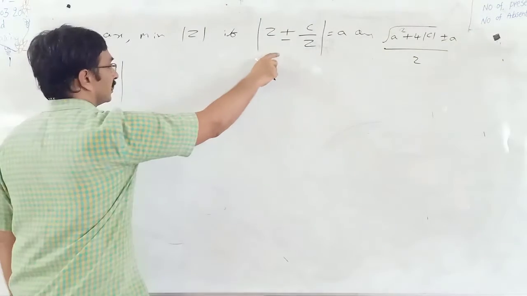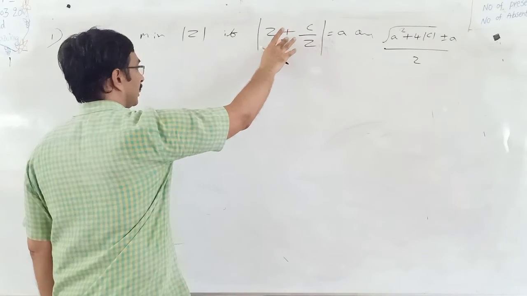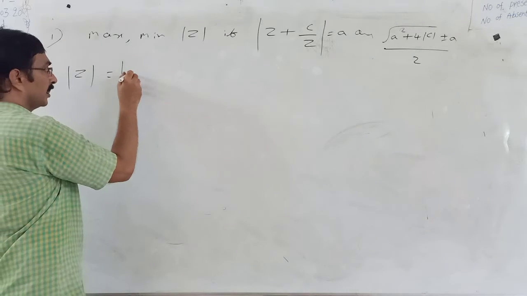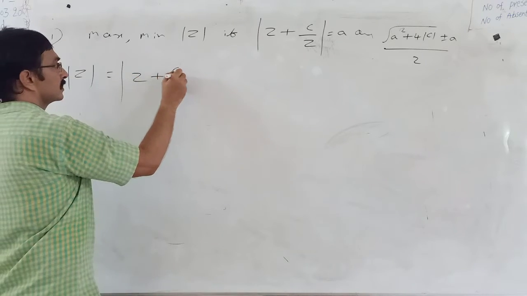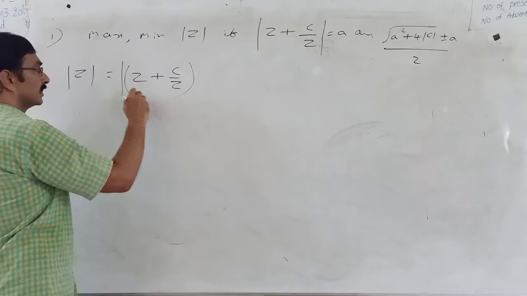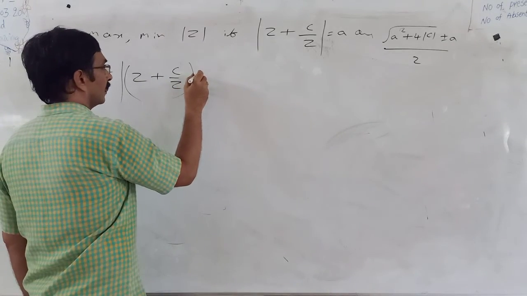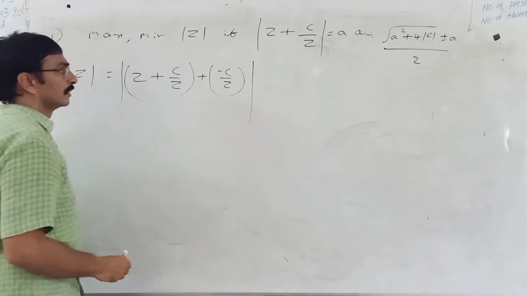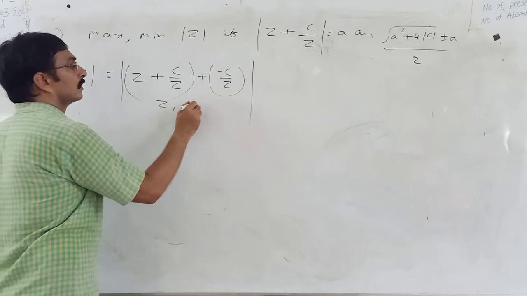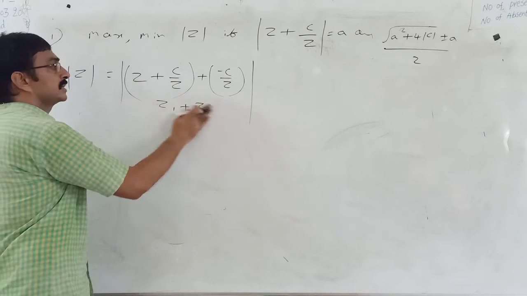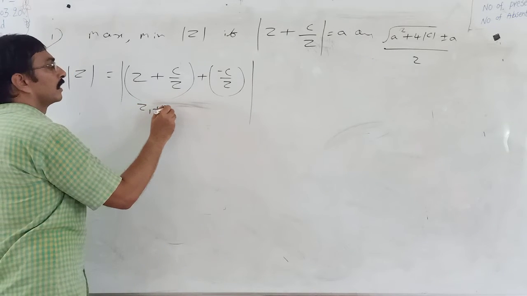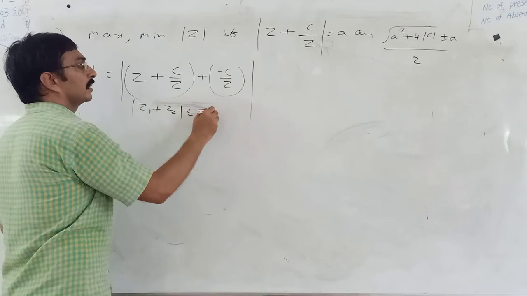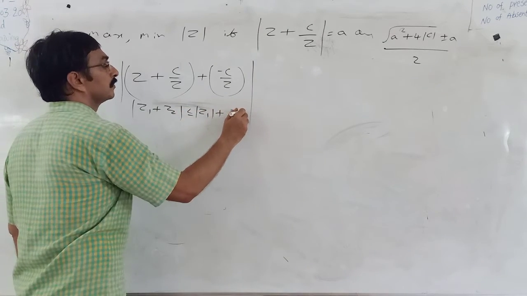We have to use this one. Suppose first I am taking the plus case. To use that, z can be expressed as z plus c by z minus c by z. Now this is in the form of modulus of z1 plus z2. Formula: modulus of z1 plus z2 is less than or equal to mod z1 plus mod z2.